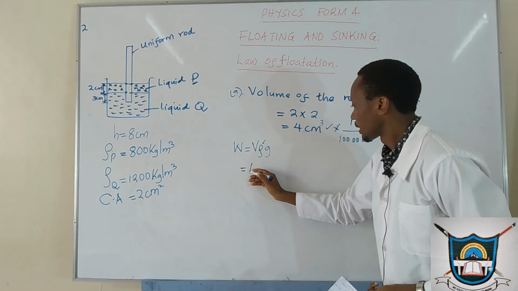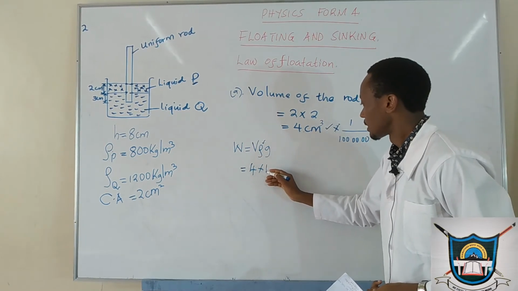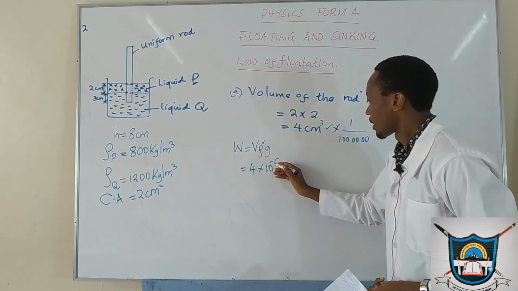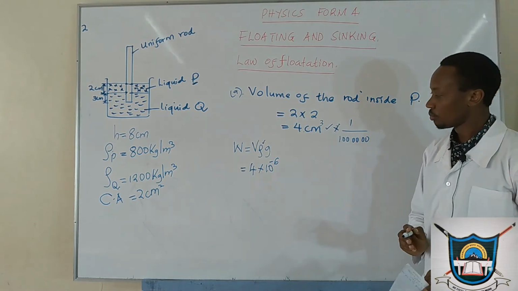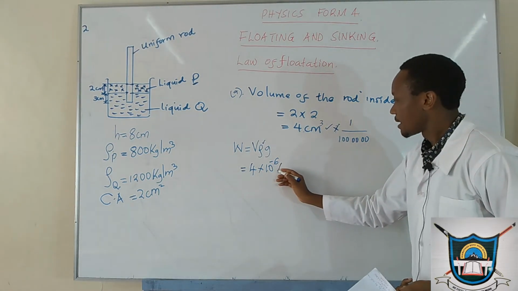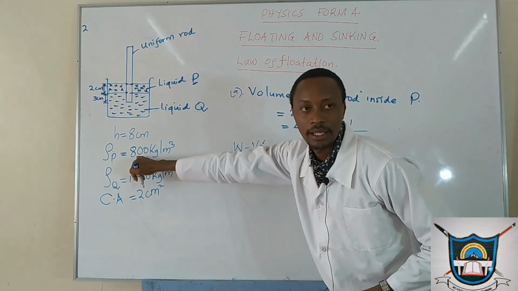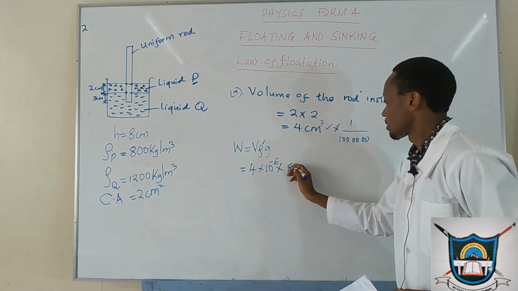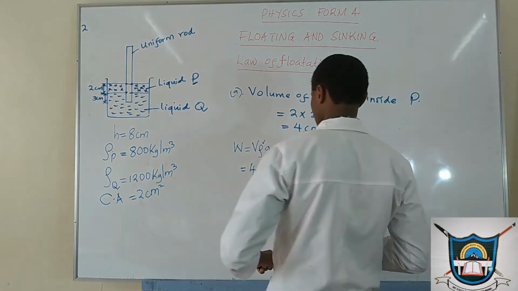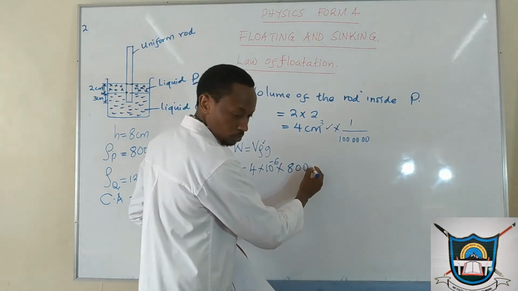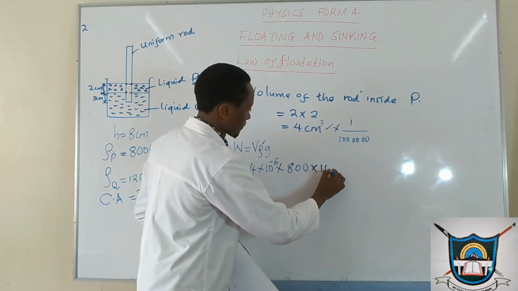So you'll get 4 times 10 raised to power negative 6 as the volume in cubic meters, times the density of liquid P, which is 800, times g, which we know is 10.